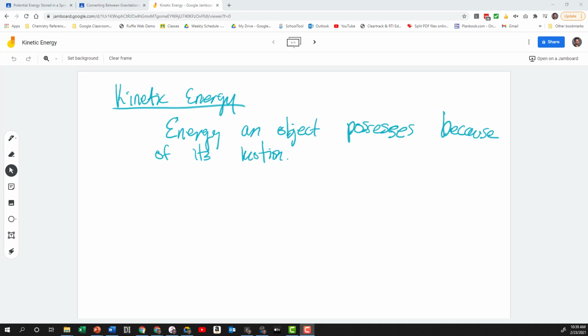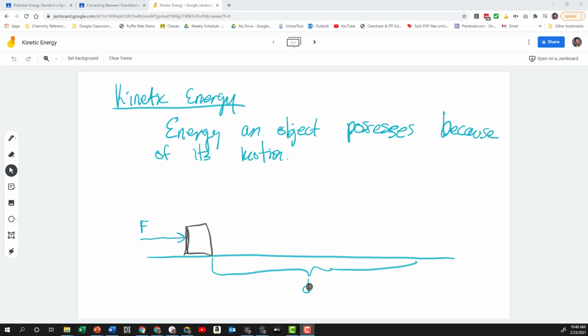So we'll use an example of a box, because that's the most common thing we can use. And we're going to put a force on it, all right? And we're going to move it through some distance, d. And so the box will eventually end up over here.